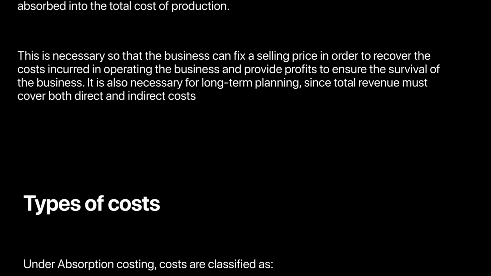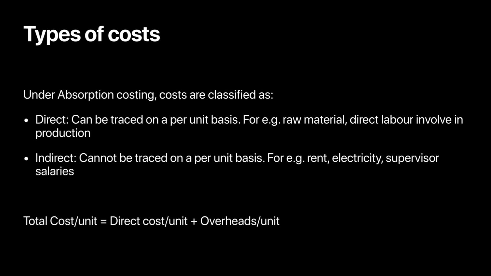Now let me explain what the view of absorption costing is. Absorption costing believes that cost should be classified as direct cost or indirect cost. What's the difference between the two? Direct costs are those costs that can be traced on a per unit basis. So if you can calculate the cost for every single unit produced, that cost will be classified as direct cost. Some examples: raw material.